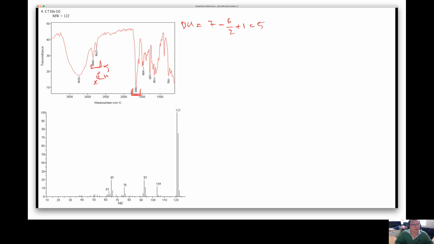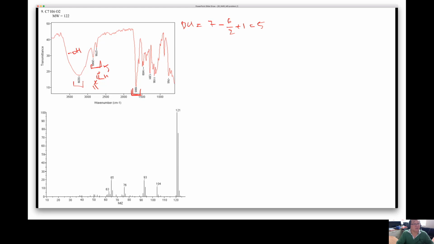This one even goes down more. Anyway, this is 1665. These are also quite conjugated. So whatever it is, it's a very conjugated aldehyde carbonyl. And then this is 3240, but anyway, close to 3300. That is an OH signal. We do have an OH, we do have an aldehyde, and these are the carbonyl of the aldehyde, and then we have some kind of unsaturation there.